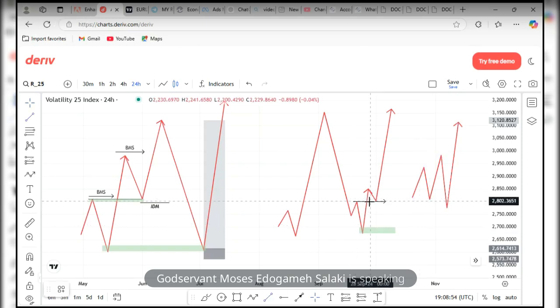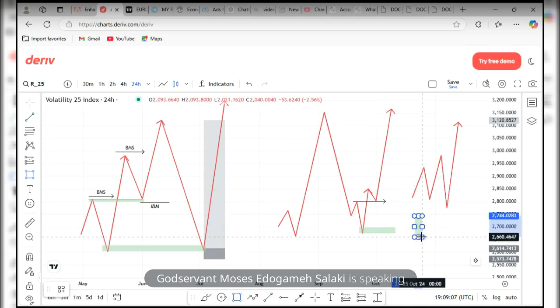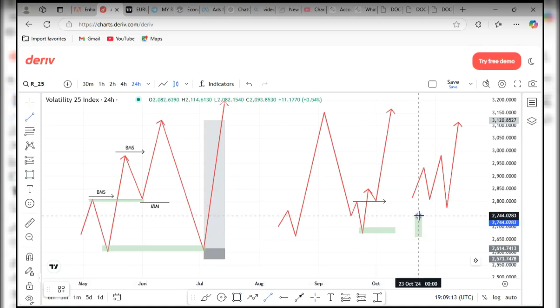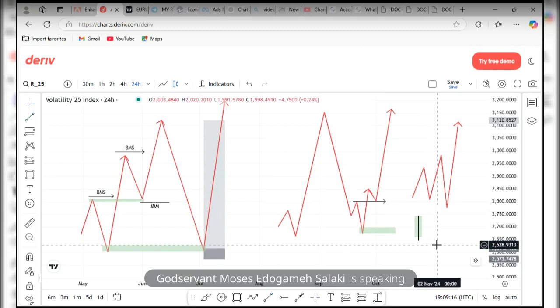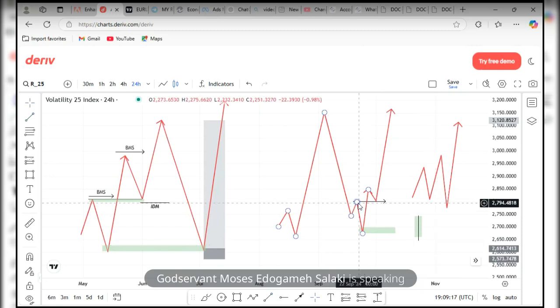Many times price will create one candle and a wick to this zone. How do I explain this? Let me try. Price can create a candle at your zone, I'm talking of this zone now, and price will create this kind of wick around this zone after price has given you that break.